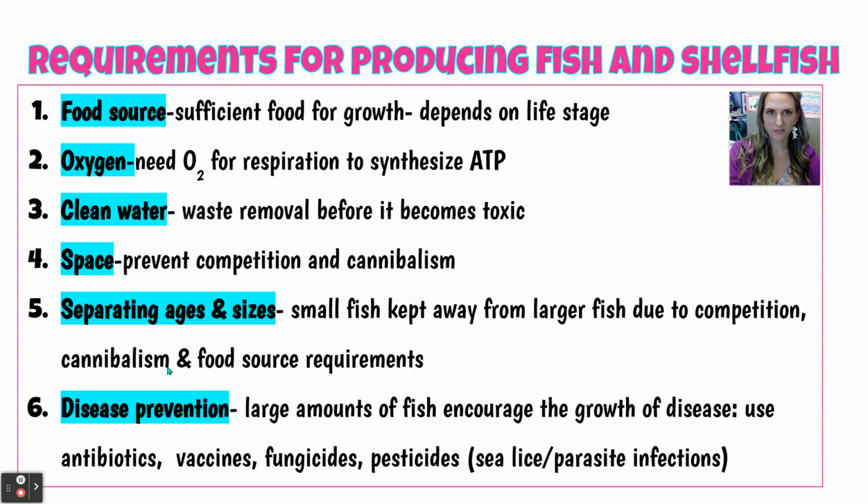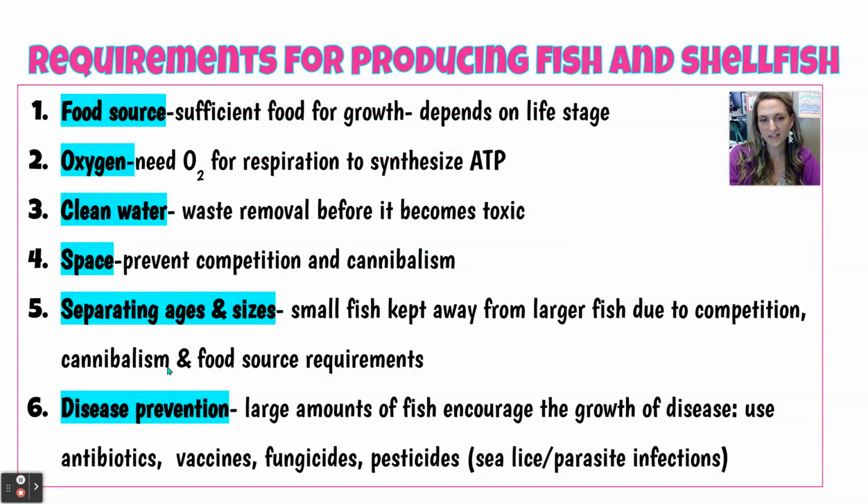And also we'll find that having more space, or at least less species, will allow for less spread of disease. Separating ages and sizes. Small fish being kept away from larger fish due to competition. The smaller fish are going to lose, and then you're going to have a low number of recruitment. They'll also cannibalize each other, and again, they have different food source requirements. And then disease prevention.